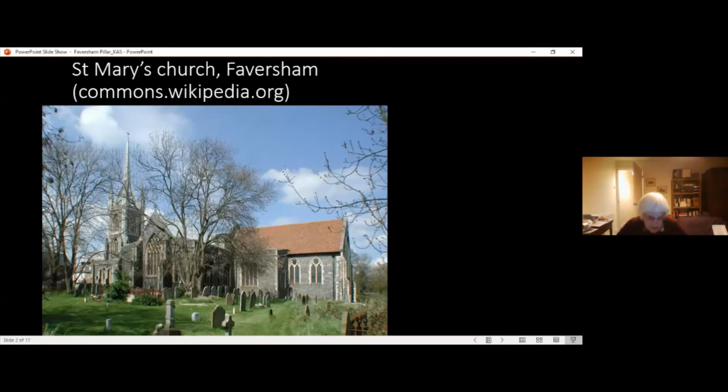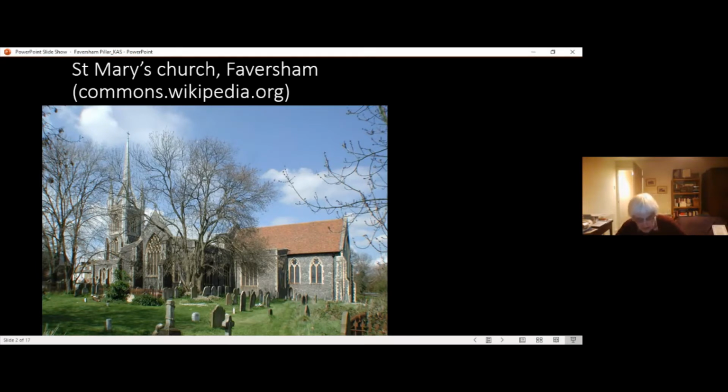So I want to take you back to late 13th century Faversham. By this time, the leading citizens had managed to wrest some rights and privileges from Faversham Abbey, and they'd even managed to acquire a common seal by the 1290s.